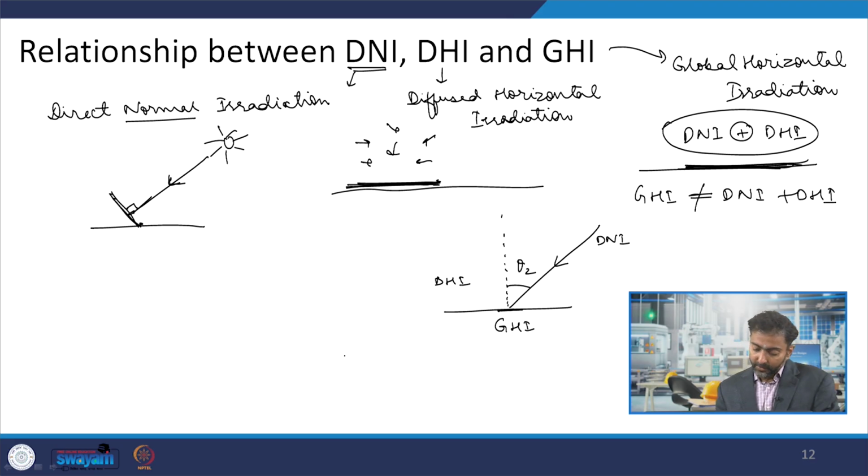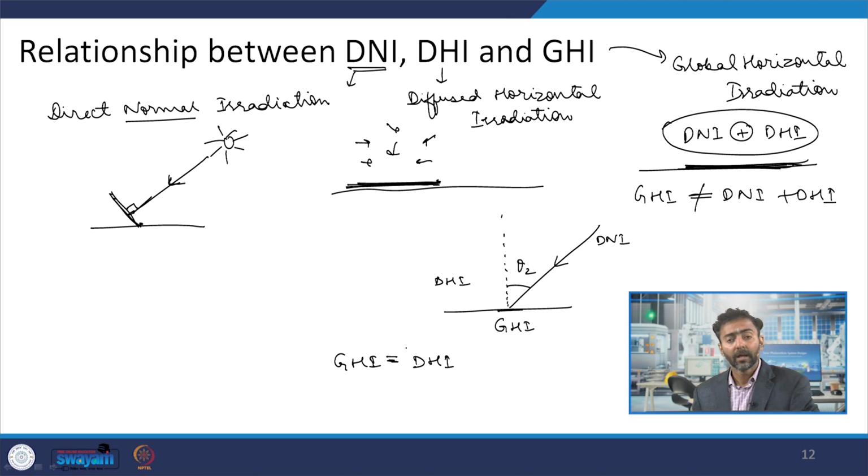Now, for sure, I can write GHI is equal to DHI plus something, because DHI can be accounted for entirely in GHI since both are being measured on the horizontal surface. But for DNI, I would like to take the component which is the effective normal radiation for the horizontal surface. Because GHI I am measuring on the horizontal surface, I need to take the projection of DNI in a direction perpendicular to the horizontal surface. If I take the projection of DNI on this vertical, that is the effective normal irradiation for the horizontal surface.